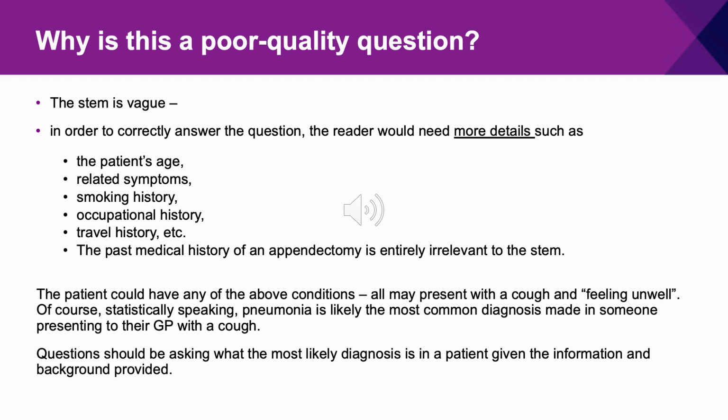Obviously, the most common diagnosis made for someone who has cough and feeling unwell presenting to the GP is pneumonia. But the question should be asking, what is the most likely diagnosis in a patient given the information and the background provided, the specific one, including the items I discussed above.